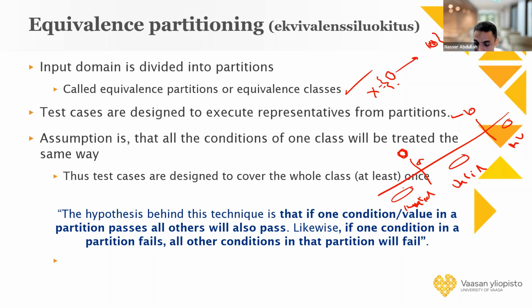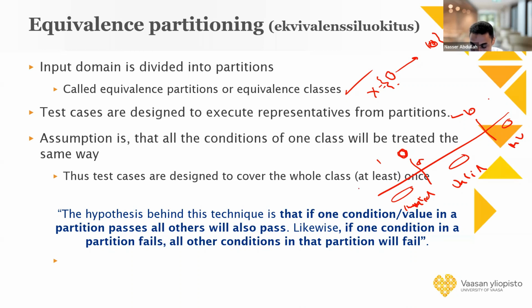Then we select one, as the test case is designed to execute a representative. We only select a representative. So based on your strategy, you select one from the first partition, one from the second partition, and one from the third partition. So from each partition, we select one. And we assume that the result of any test case from the first partition, for example, will be the same.